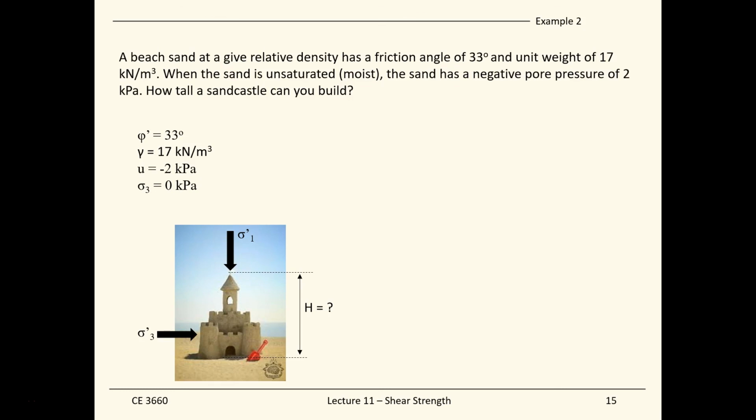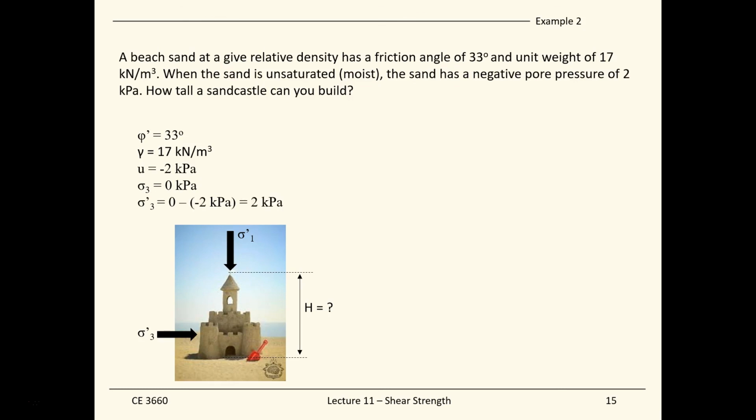Because now the sandcastle is sitting above the ground, and you are not applying a cell pressure, nor do you have soils underneath the ground adjacent to it to provide the confining stress. So nothing is confining it. So sigma 3 is equal to 0 as total stress.